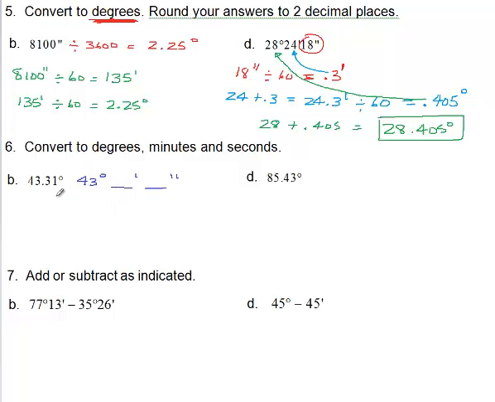I only have to convert the decimal part. So take the decimal part. Now we're changing from degrees, 0.31 degrees, and multiplying by 60 to change that to minutes. So 0.31 multiplied by 60, I get 18.6 minutes.